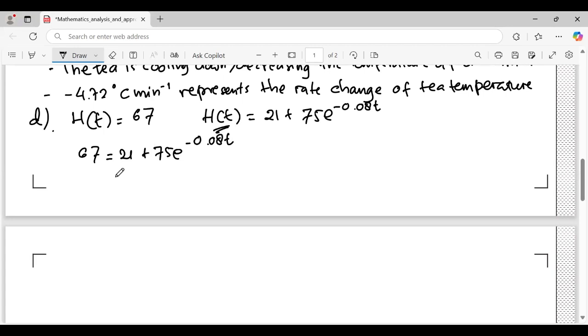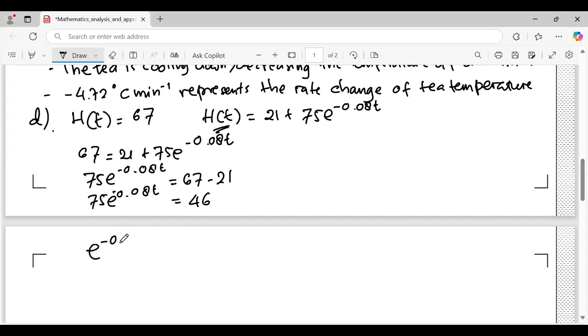Okay, and then we can set that 75 e power minus 0.08t equals 67 minus 21, so 75 e power minus 0.08t is equal to 46.